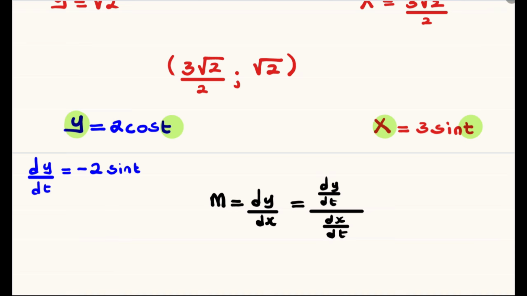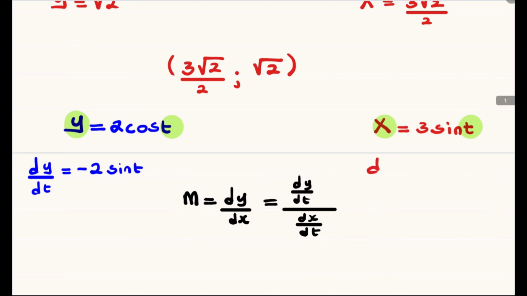t, and the derivative of the x with respect to the derivative of the t will be equal to 3 multiplied by the derivative of sine t, which is cos of t.